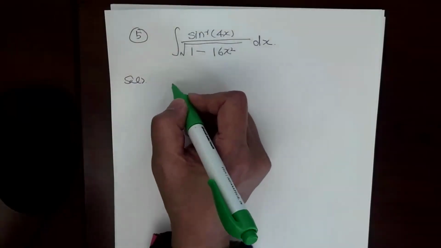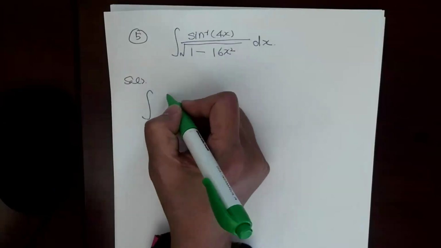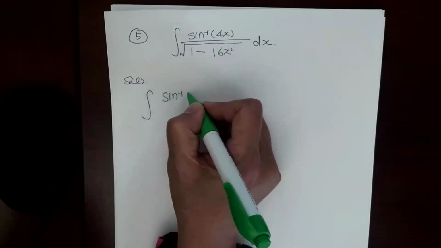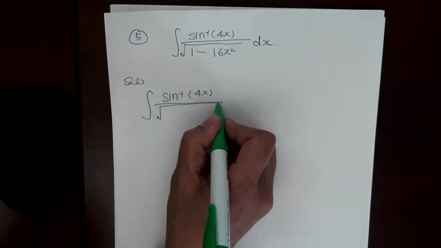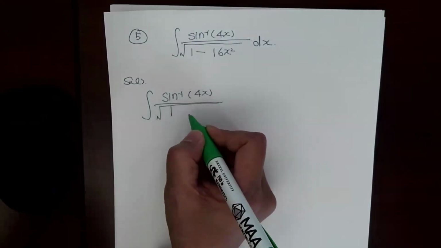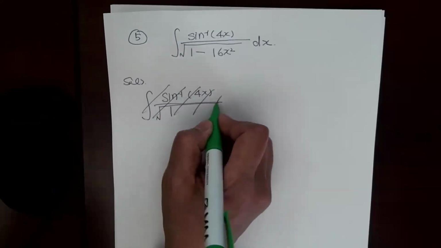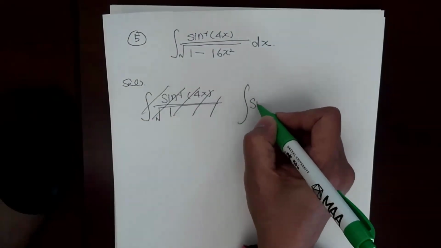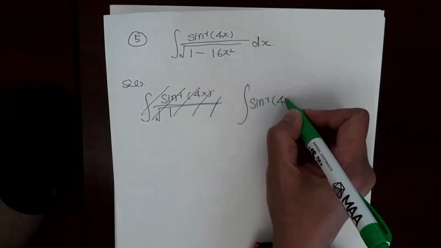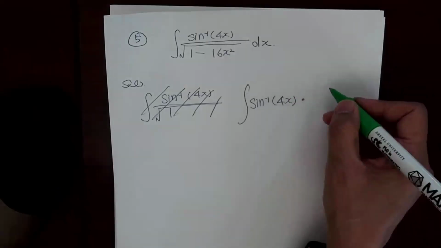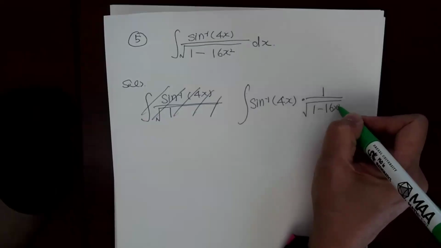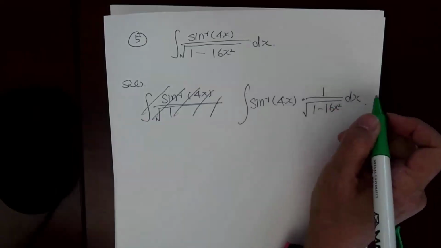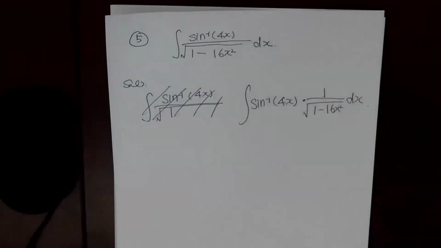So we regard this one as integration sine inverse of 4x times 1 over square root of 1 minus 16x squared dx. Why am I doing so? Because I want to regard one of them as a derivative of the other one.